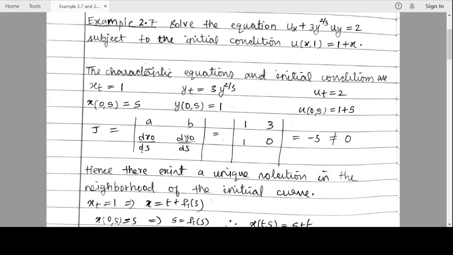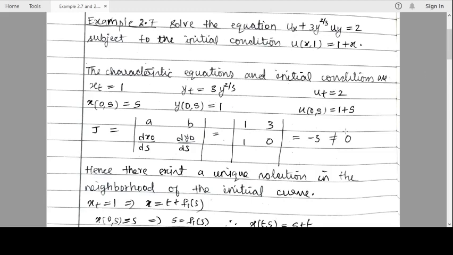Now x0 is s, so dx0/ds is 1. y0 is 1, so dy0/ds is 0. So we can see here the determinant is minus 3, which is never 0. Hence we expect a unique solution in the neighborhood of the initial curve.